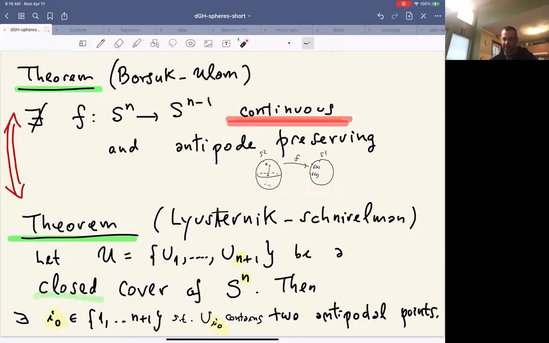And there's an equivalent theorem. These are equivalent, and that is well known. It's called the Lusternik-Schnirelmann theorem, which says that if you happen to be able to construct a closed cover of S^n consisting of n+1 elements, then there must be one of these elements that contains two antipodal points.